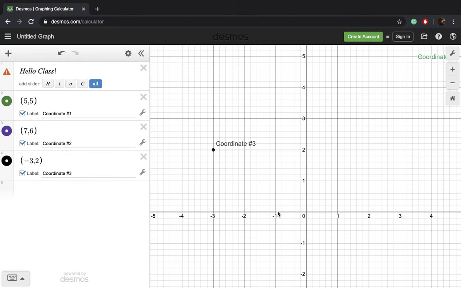So I go -1, -2, -3. Do you see where my mouse is at -3? Then after 2, am I going to go up 2 or down 2? Up. 1, 2. So my coordinate is -3, 2.